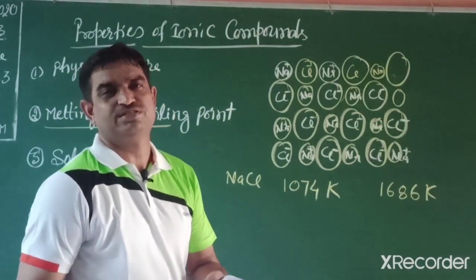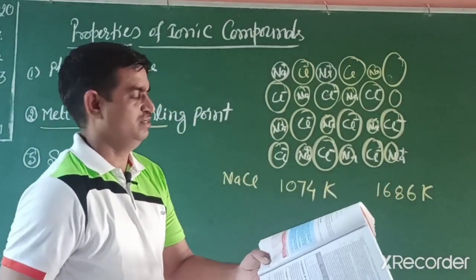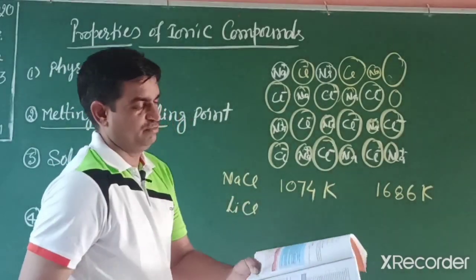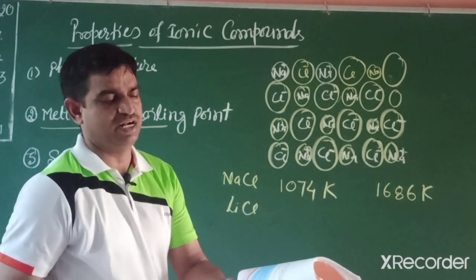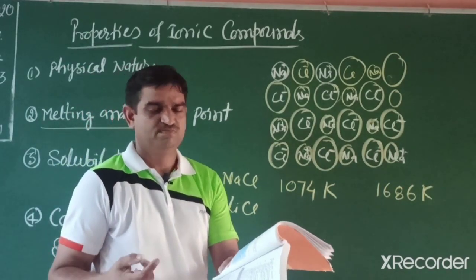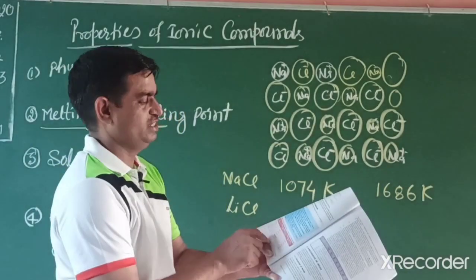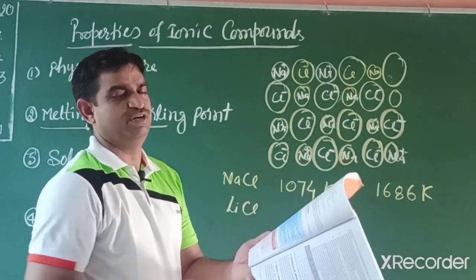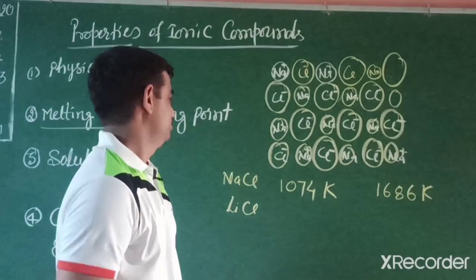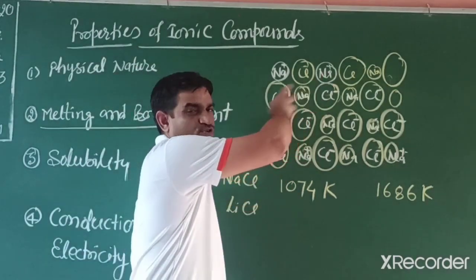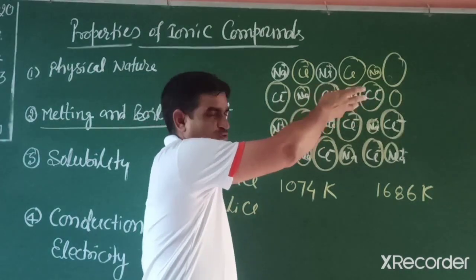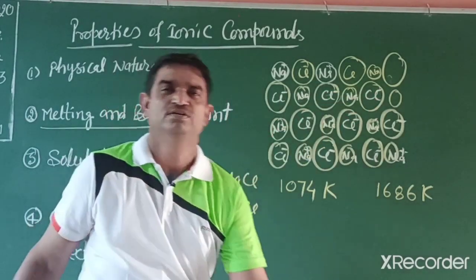Other compounds are also given: lithium chloride, calcium chloride, calcium oxide, magnesium chloride. You can see them in your NCERT book. Why do they have very high melting and boiling points? The reason is the very strong electrostatic, Coulombic force of attraction between ions.